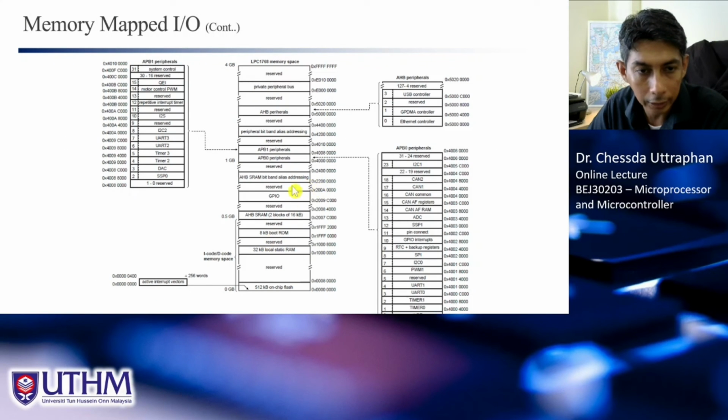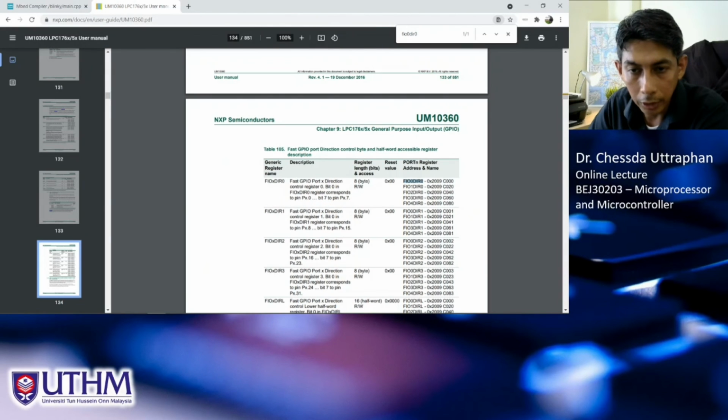And when we look at GPIO, the region starting from this address, 2009C000, is actually GPIO 0. See? The first address is mapped to this FIO0DIR. And what is the next one here?